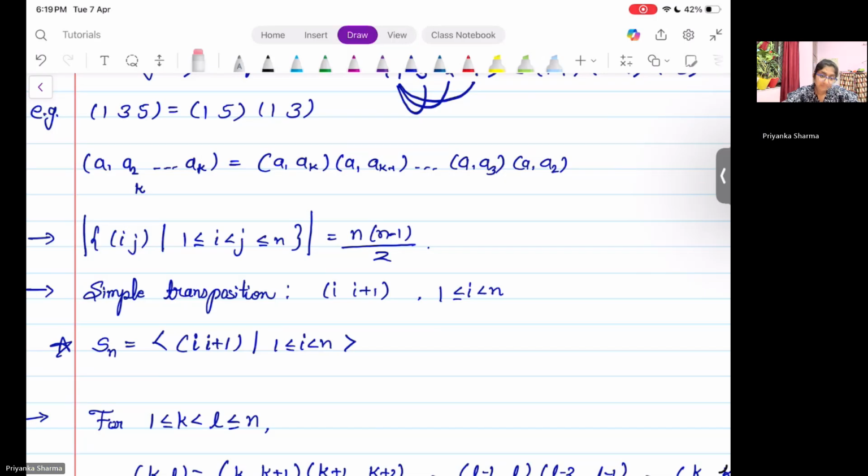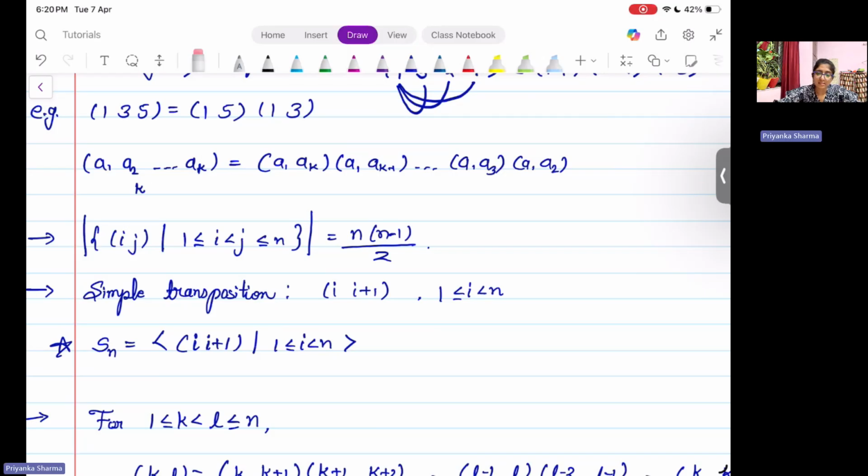So you can see that these are the upper triangular elements if we write the square matrix ij, where i represents the ith row and j represents the jth column.